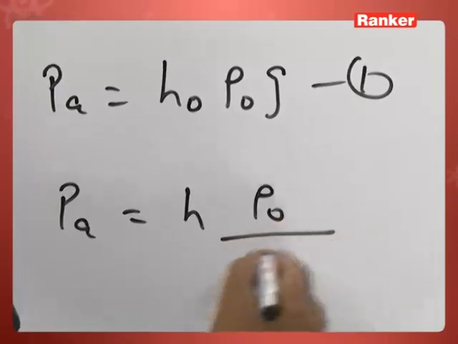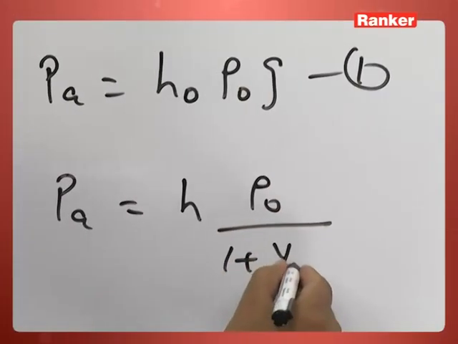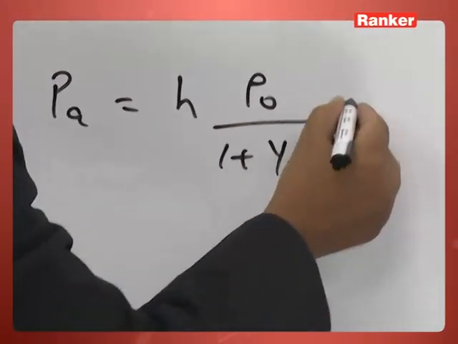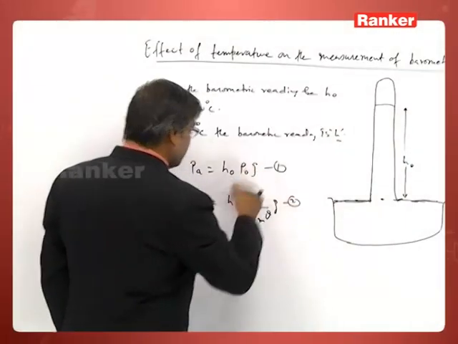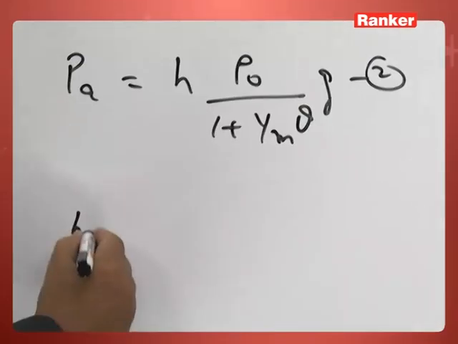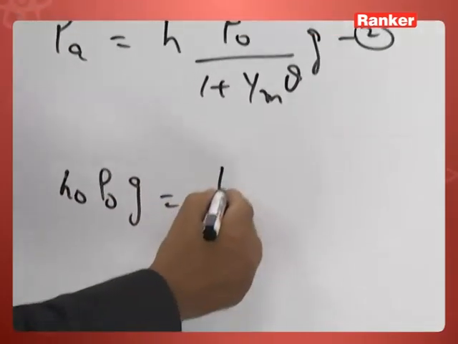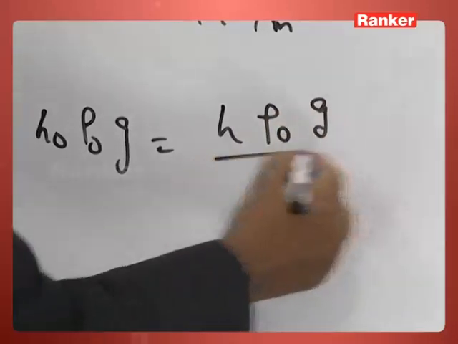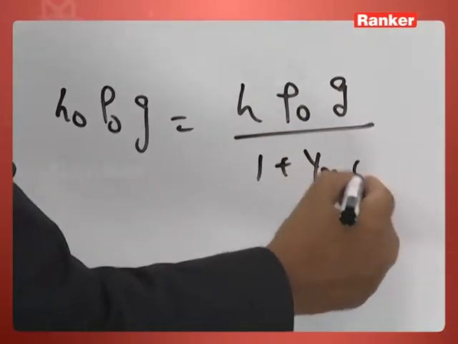The density becomes rho naught into 1 plus gamma mercury into theta. So, by comparing these two, we have h naught rho naught g is equal to H rho naught g by 1 plus gamma mercury into theta.